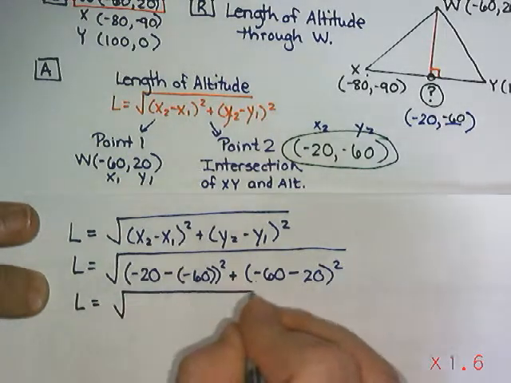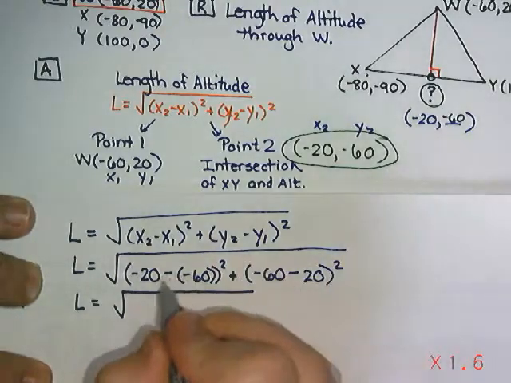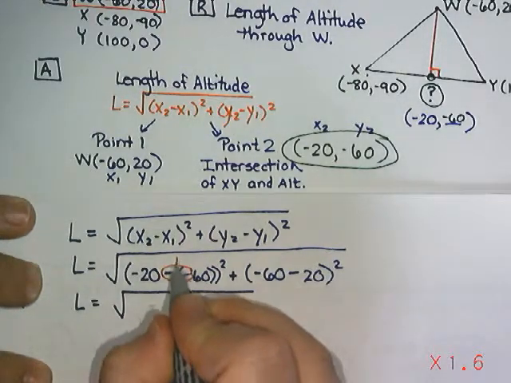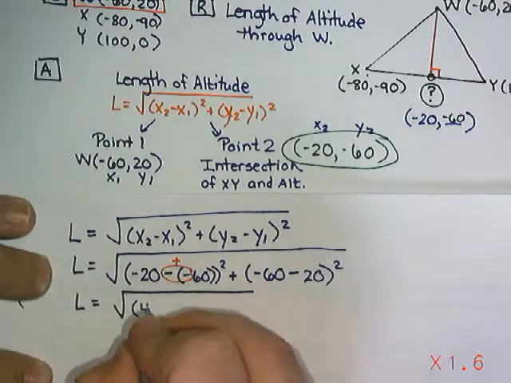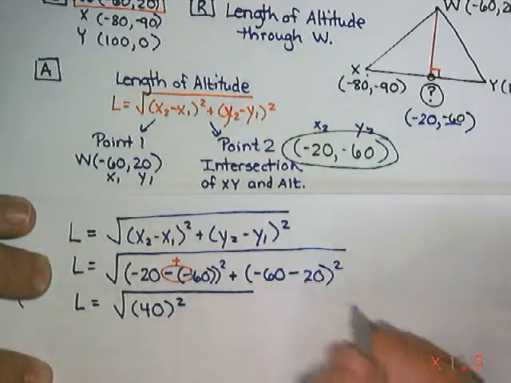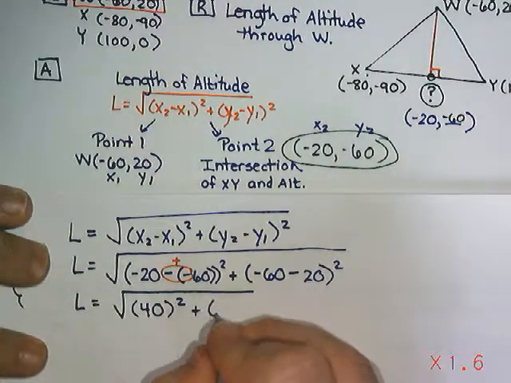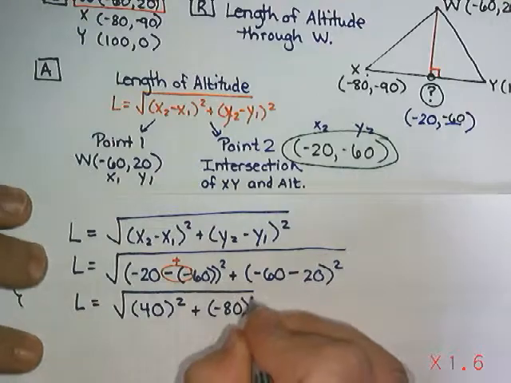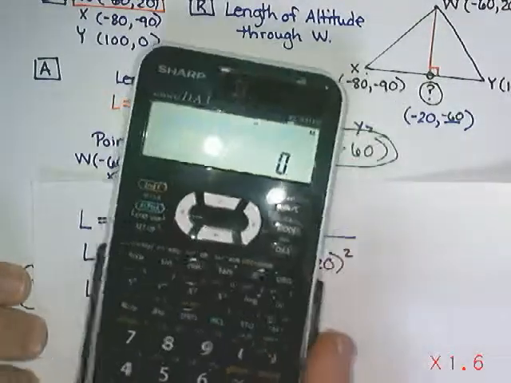So negative 20 minus minus 60. When you have two negative signs in a row, that ends up making it a plus. So negative 20 plus 60 is 40 squared. And then negative 60 take away 20 is negative 80 squared. And then I'm going to use my calculator.